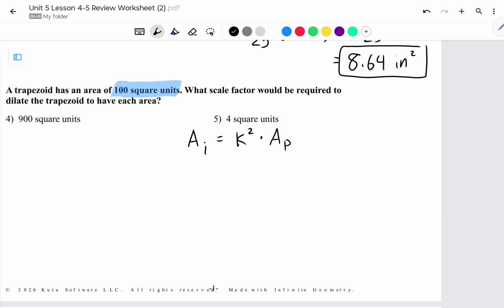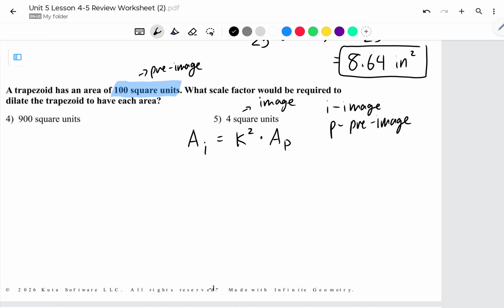Okay, I is image, and P is pre-image. We have the area of the image. It says the area of the image is 4 here, and the area of the pre-image is 100.